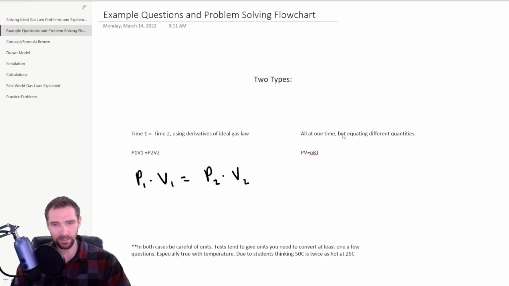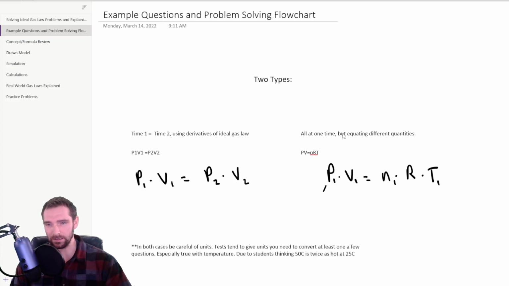These subscripts typically refer to time one and time two, just to help you keep track of what goes where. And then you can see other things like this, where you've got pressure times volume equal to the number of moles times R times T. In this case, these are all the same time.